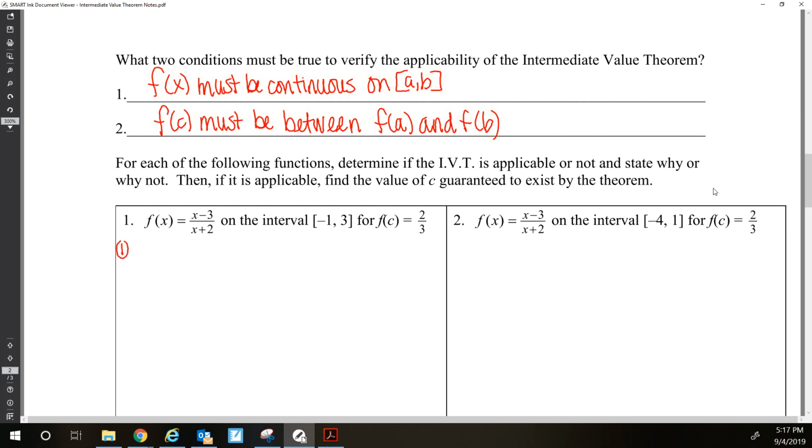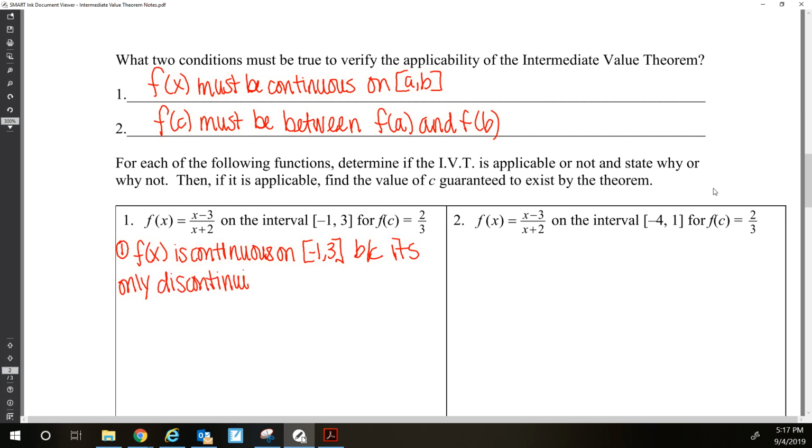So for part 1, f of x is continuous on the interval -1, 3 because its only discontinuity is at x equals -2.